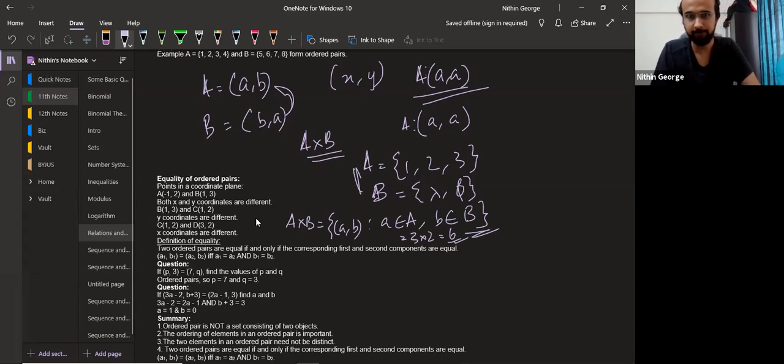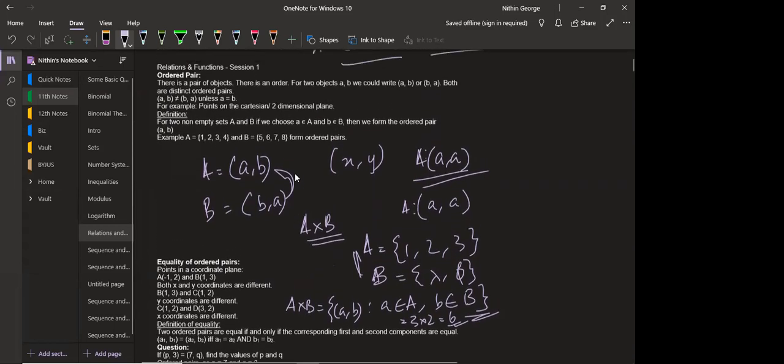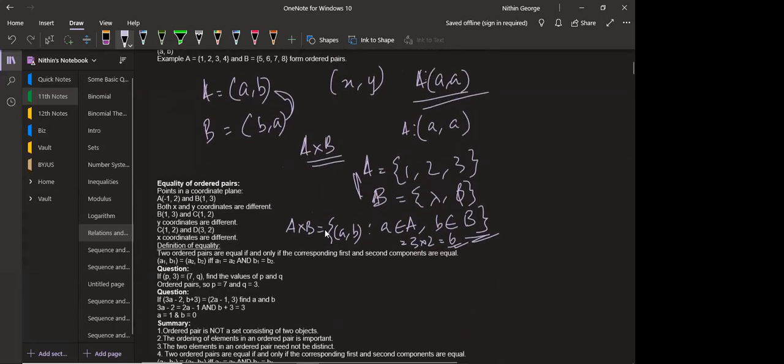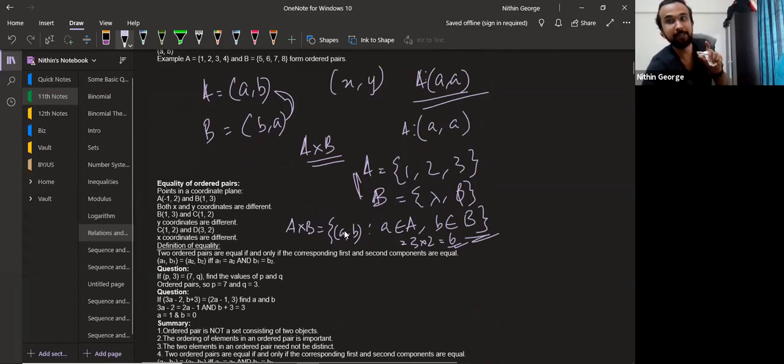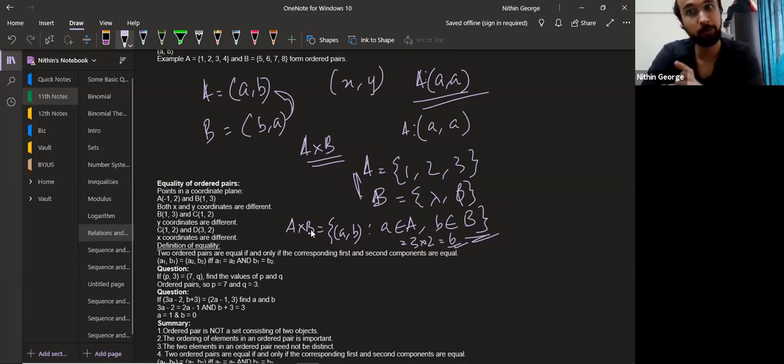Are you guys getting this? So this is an example of a set of ordered pairs, Cartesian product. When you have two sets, the set of all ordered pairs that you can form will be here, where a is from the first set and b is from the second set.